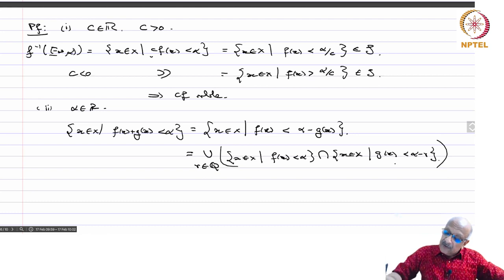So each of these is in S, and Q is countable, therefore this belongs to S. Okay, so f plus g is measurable.